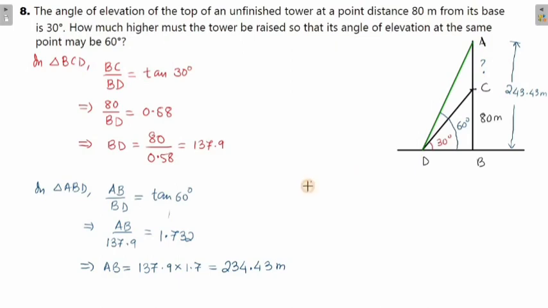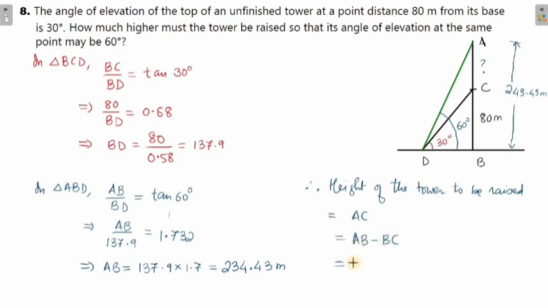So the question is asking for the height by which the tower is to be raised, that is, we need to find AC. Can I write AC equals AB minus BC? Yes, obviously.